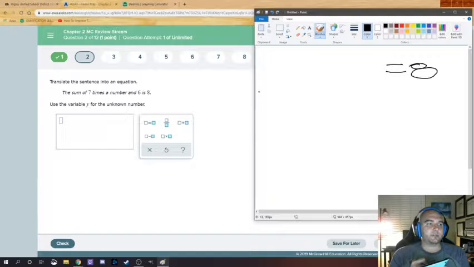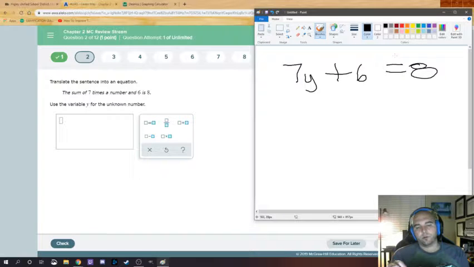Then the left side is the sum. There's a plus sign there, of 7 times a number and 6. They want us to use y here. So the sum of 7 times a number, 7y, and 6 is 8. You'll notice this is different. I'm not putting the 7 in front of a parenthesis with y plus 6 afterward, because it's not 7 times that sum the way the last one was twice that sum.